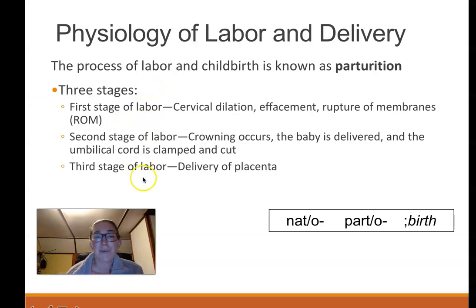It's actually a very important stage of labor, because if the placenta doesn't tear away properly, or a little bit of it is left behind, it can really threaten the life of the mother due to hemorrhaging or infection. It's actually a very important stage, even though it's often overlooked in the romanticism of labor and delivery.